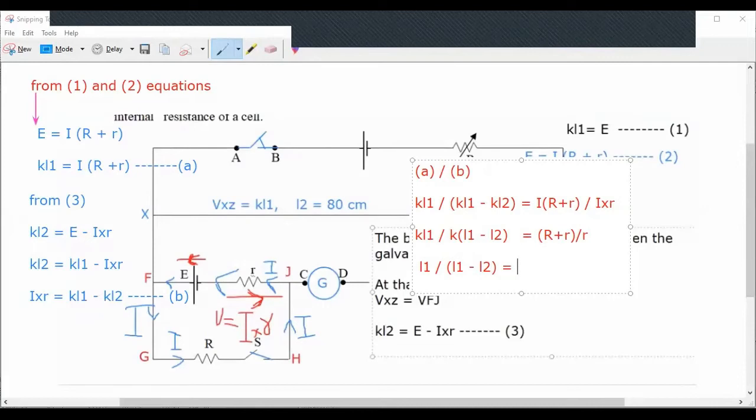Equals, here they have given us the value of capital R as 5. The only unknown term is simple r, divided by simple r.